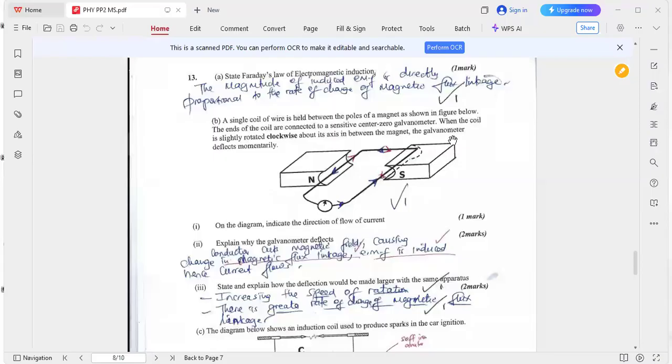Yeah, it charges because we have factors affecting the magnitude. You see, even this law is saying the magnitude of induced EMF. The value of that induced EMF depends on 3 factors. One of them is the rate of change of magnetic flux linkage, which is the speed. Number 2 is the number of turns of a coil.